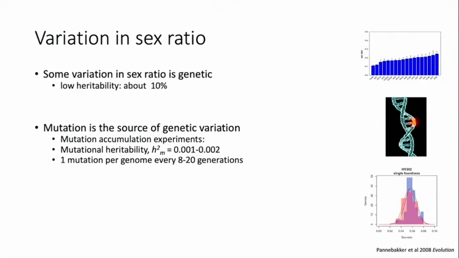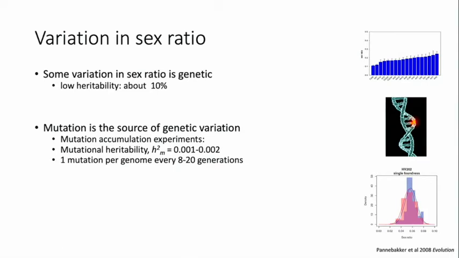You get graphs like this, control versus the mutated line, and from this you can calculate mutational parameters. One of those is the mutational heritability of 0.001, and basically that says that there's one mutation per genome every 8 to 20 generations.